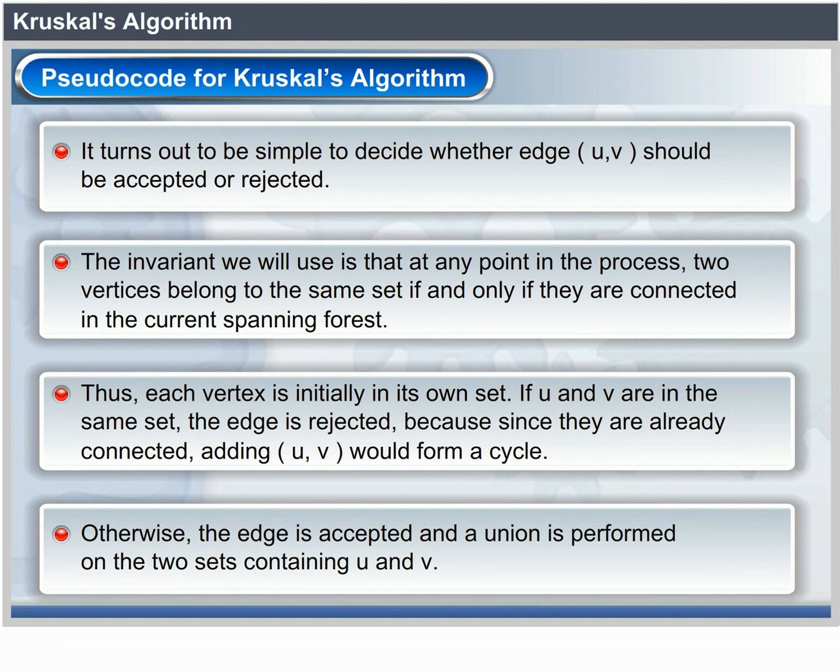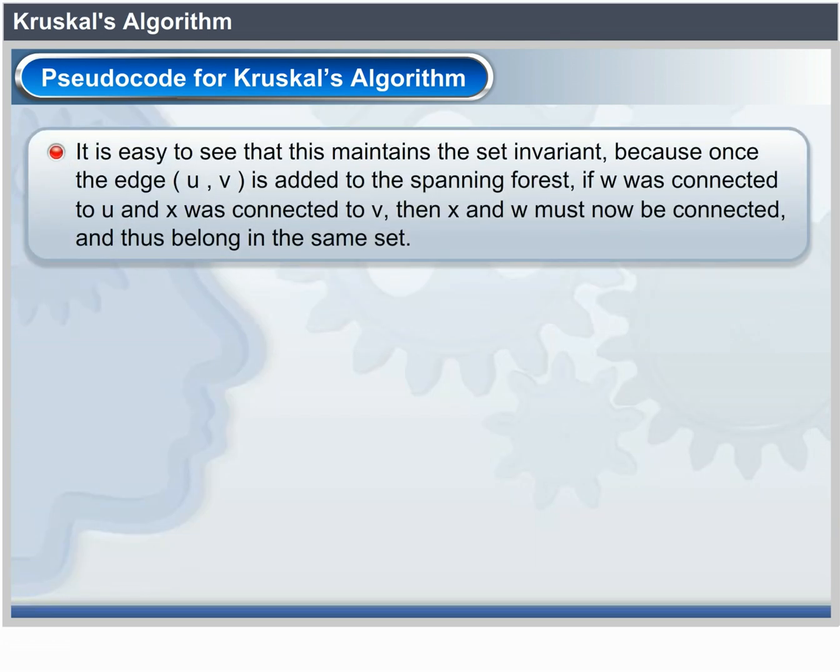It is easy to see that this maintains the set invariant because once the edge (u, v) is added to the spanning forest, if w was connected to u and x was connected to v, then x and w must now be connected and thus belong in the same set.